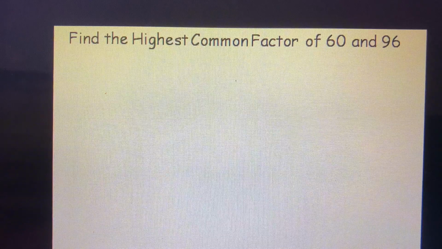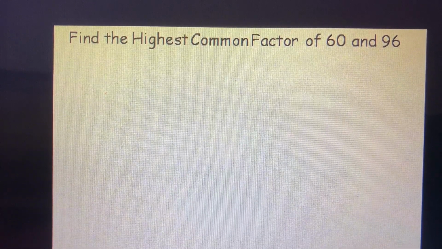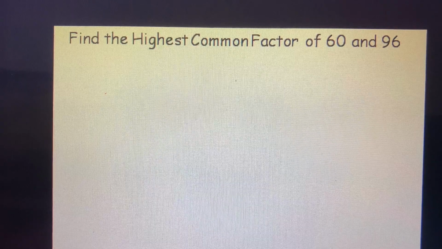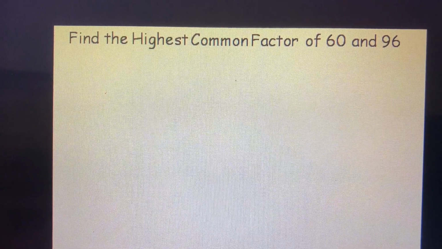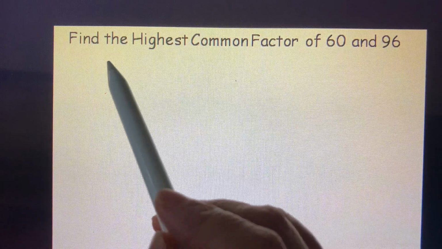This question asks for the highest common factor of 60 and 96. We first find the product of prime factors. I start with 60.